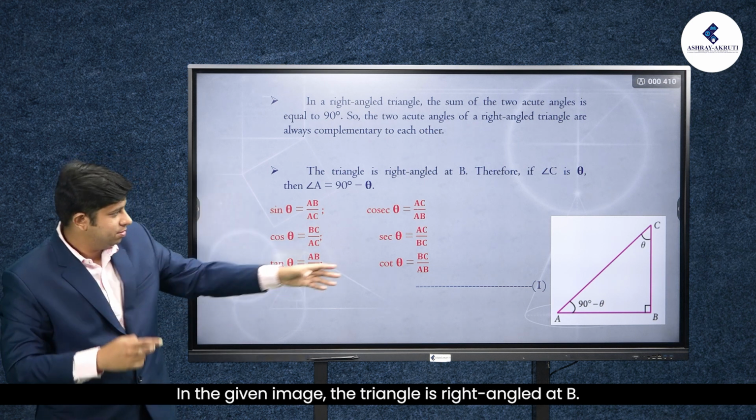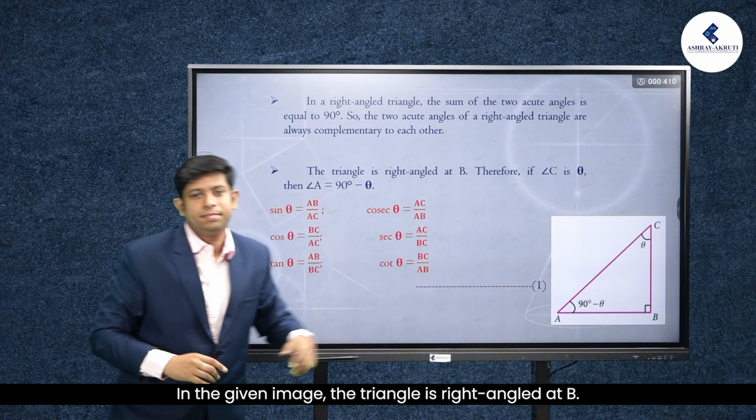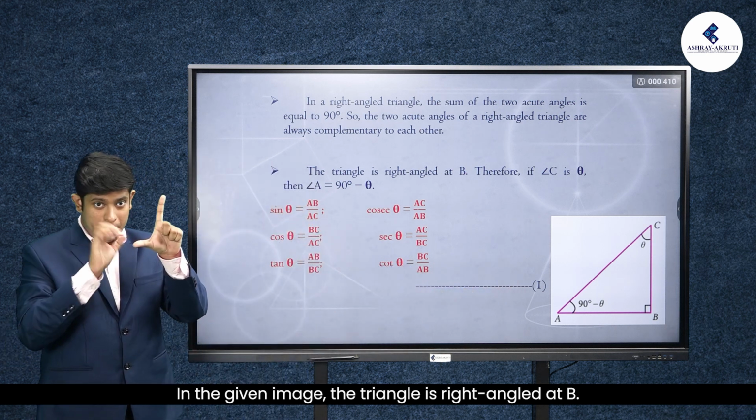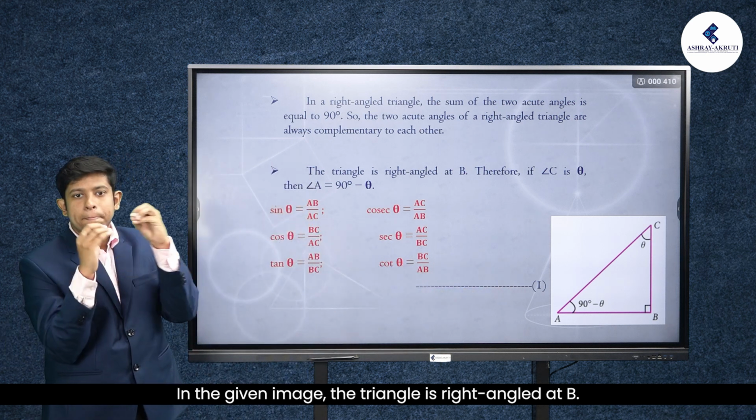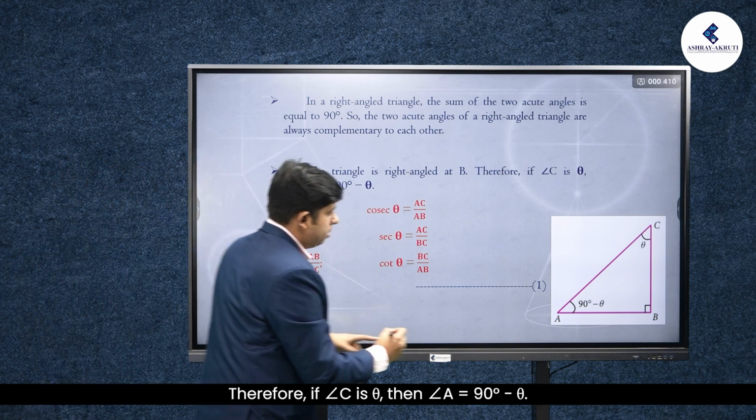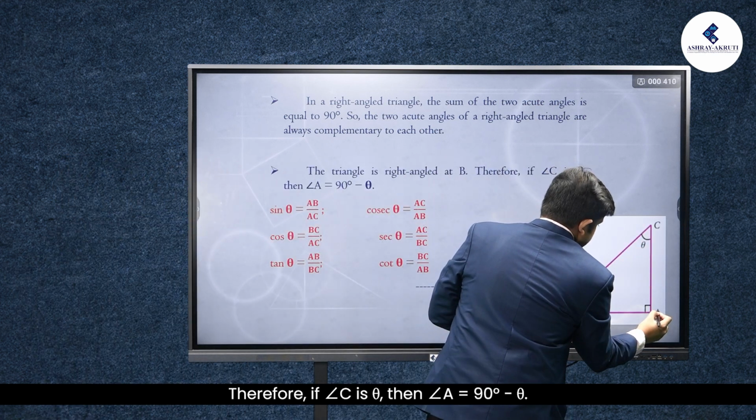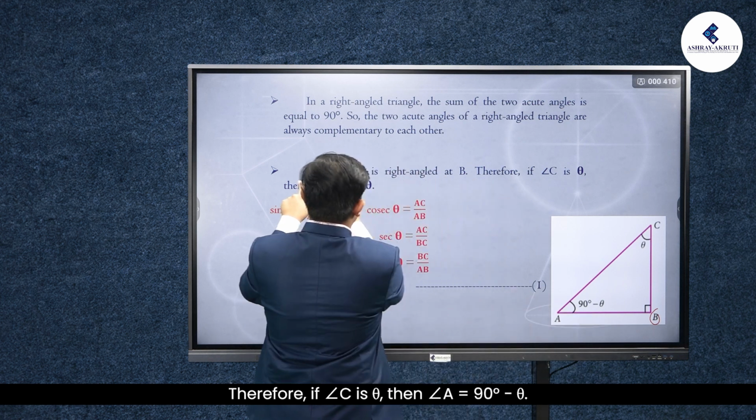In the given image, the triangle is right angled at B. Therefore, if angle C is theta, then angle A is equal to 90 minus theta.